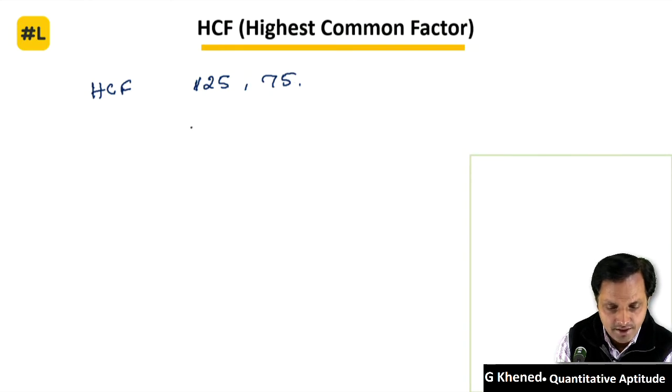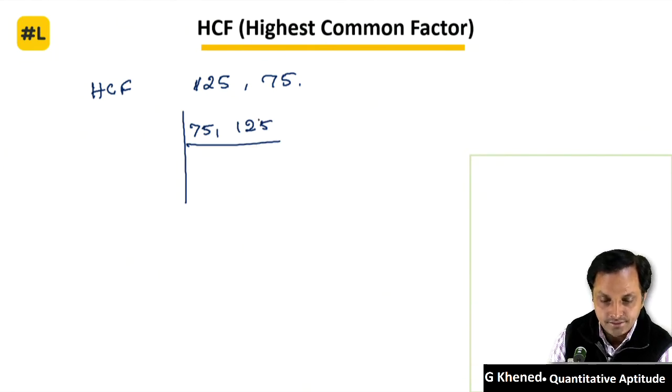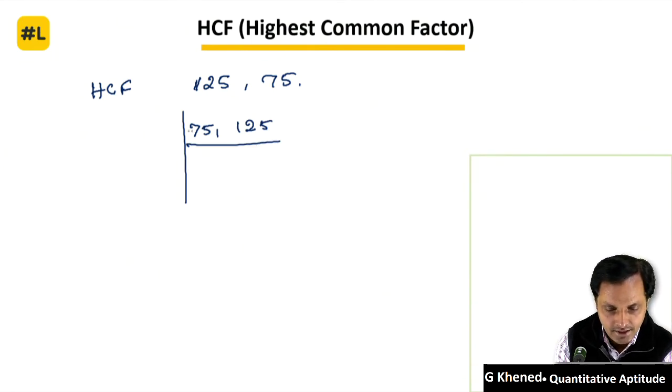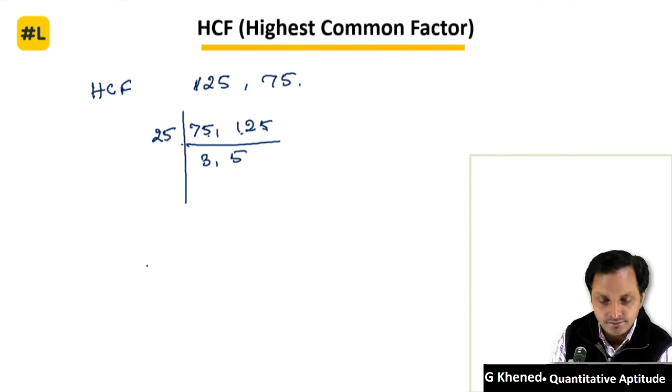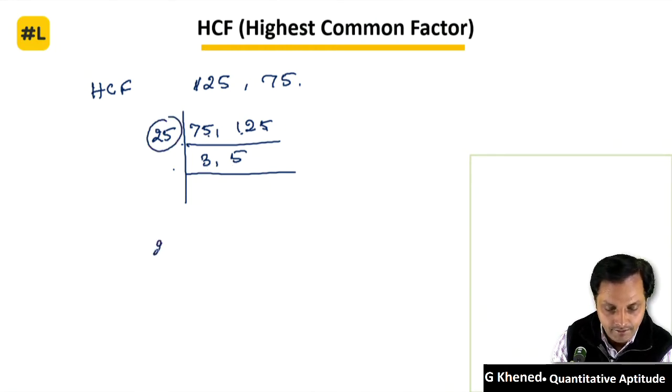Do the same long division method, write 75 here and 125 here and divide. What are the factors? You can write it as 25 is the one number which will go with 75, 25 3s are, 25 5s are. So you know that you don't have again common number which will divide 3 and 5, therefore your 25 is the HCF.